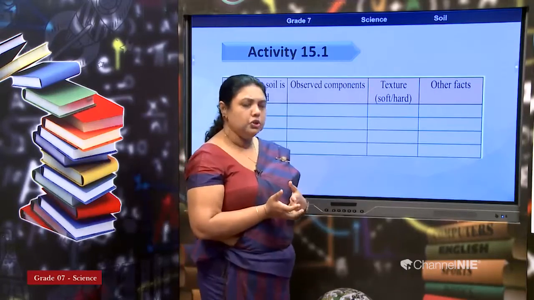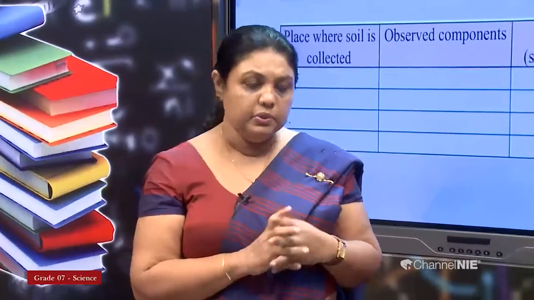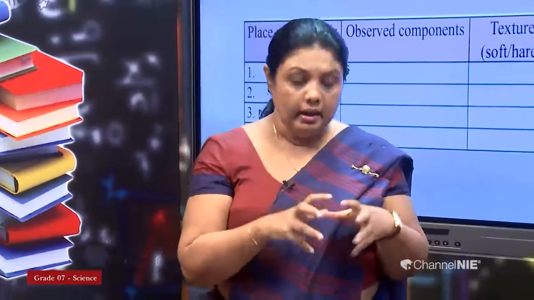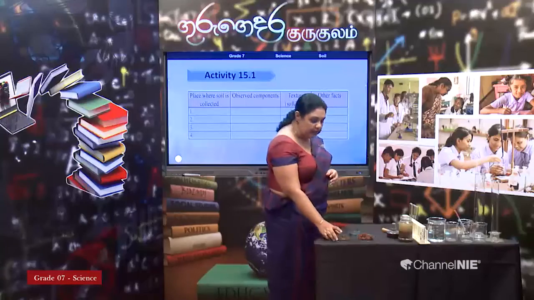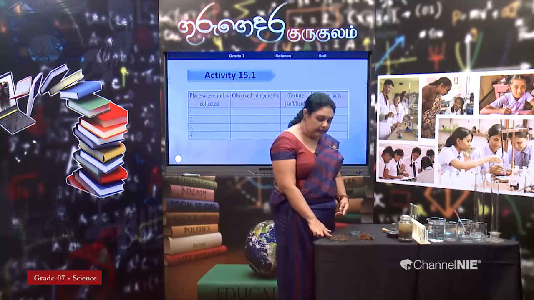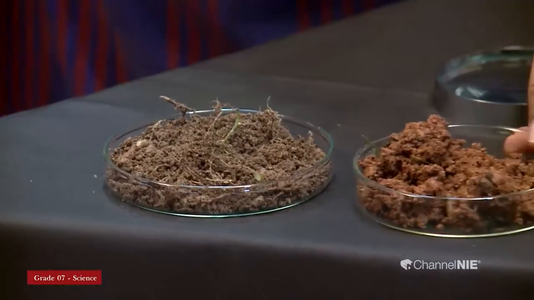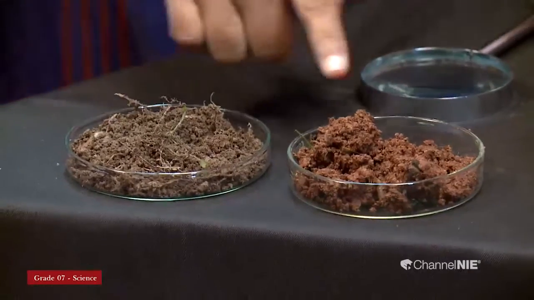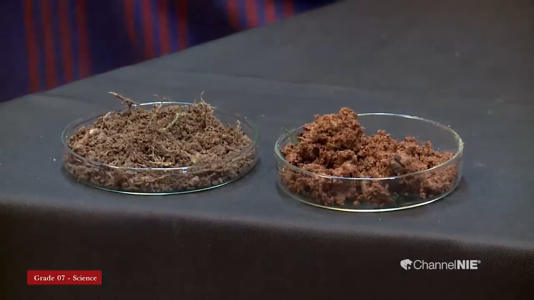Now, I will show you some different soil samples which were taken from different parts of a garden. When you look at this, you can see it is dark brown in color. This is also brown, but when you compare these two, they are two different colors.